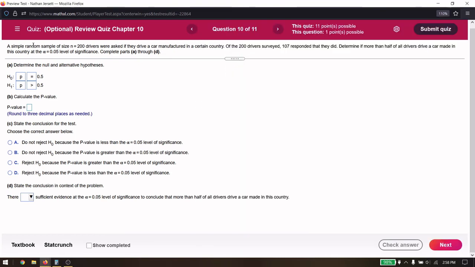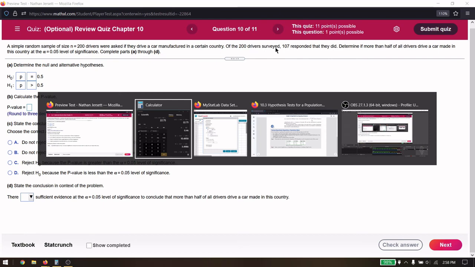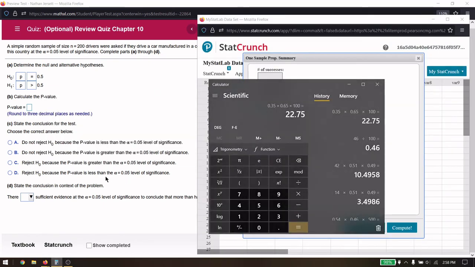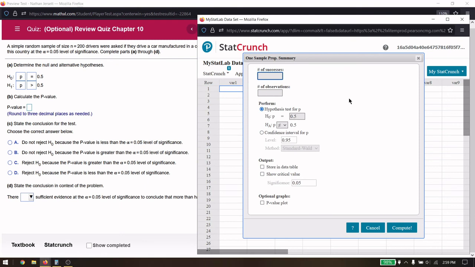It says a simple random sample. It should all be independent of each other because the survey is random. And if we do n times p times 1 minus p, that's 200 times 0.5 times 0.5, we get 50, which is greater than 10. So we can actually do this.